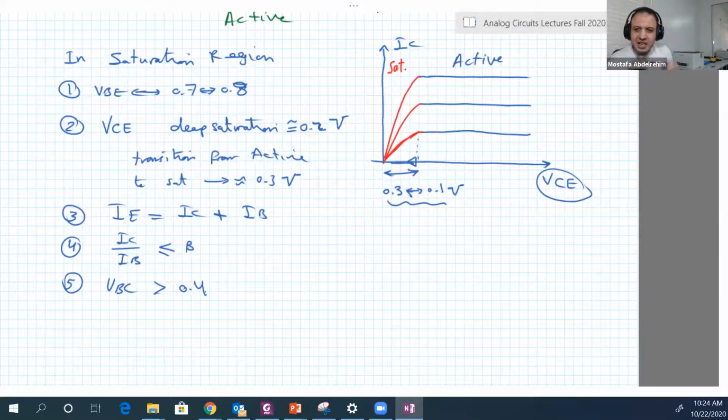In active, we want only one junction that conducts current. The other shouldn't contribute to the currents. So IC and IB will not change, and IC over IB will be equal to beta. Okay, so that's the point behind that.